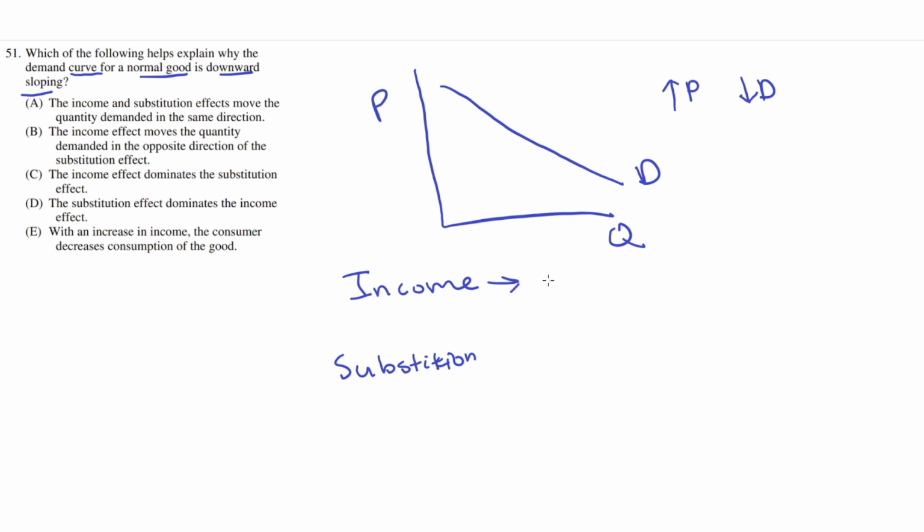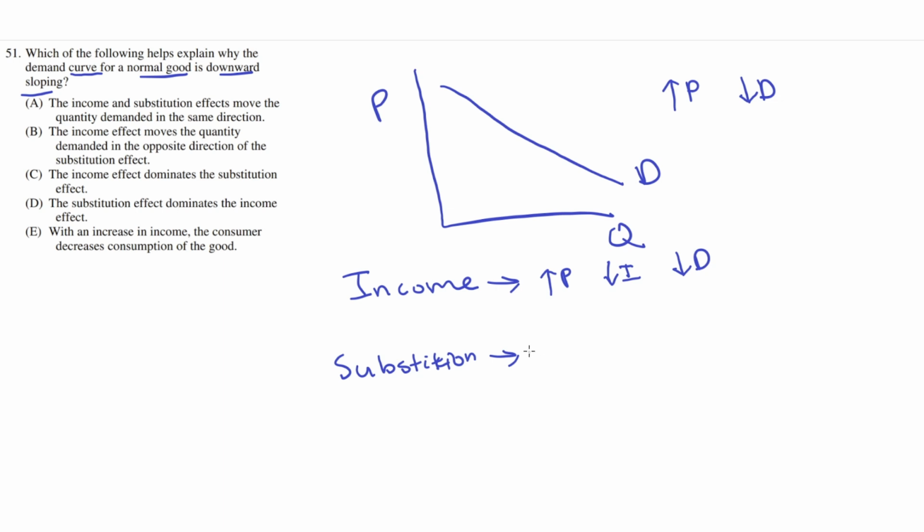Income effect simply says that as price increases, essentially the income of a consumer decreases. So this is essentially the same thing, that as the price increases, the income of the consumer in a way decreases because they're able to buy less of the good than they originally were able to. And because of this, demand decreases.